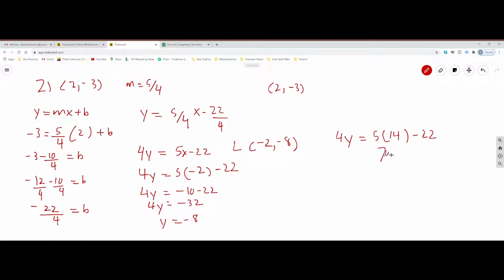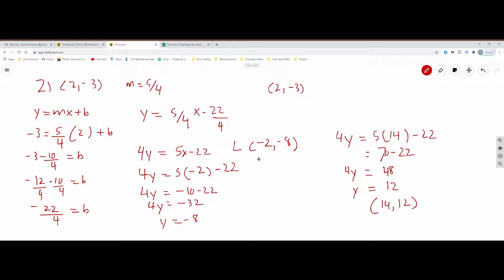So 70 minus 22 equals 48. 4y equals 48. Y equals 12. So you have the point 14 and 12.